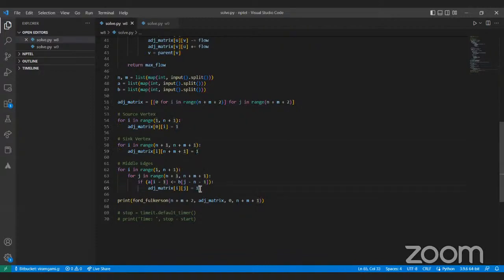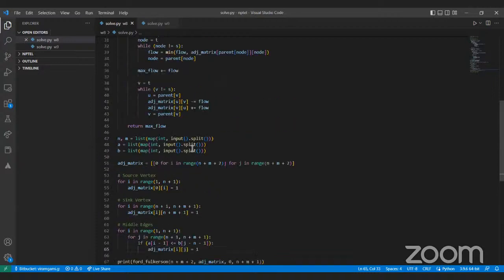So instead of 1, I can put 2 or 3 also. This will represent that there is an edge between vertex i and j, and it has a capacity of 3. So I can represent an edge with capacity using this adjacency matrix, right? So that's why I have preferred an adjacency matrix over an adjacency list for this particular problem.